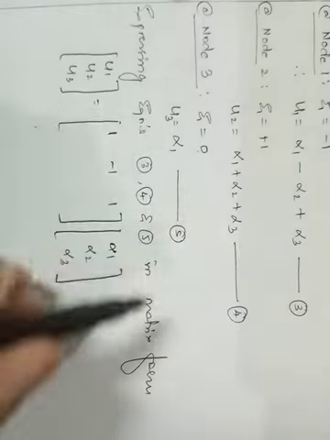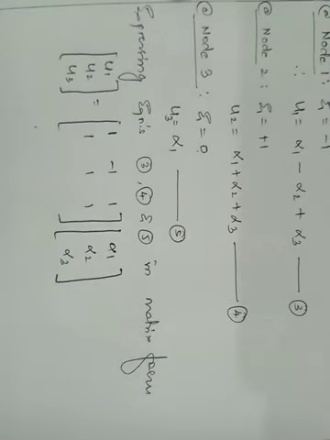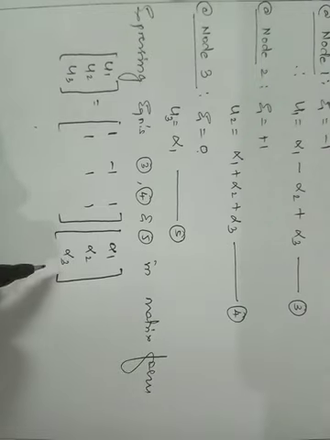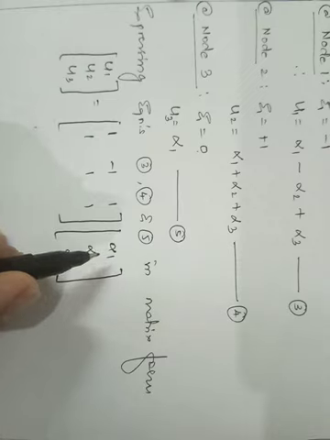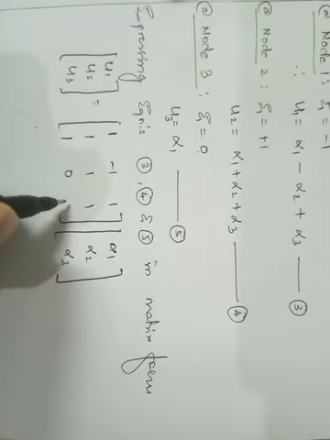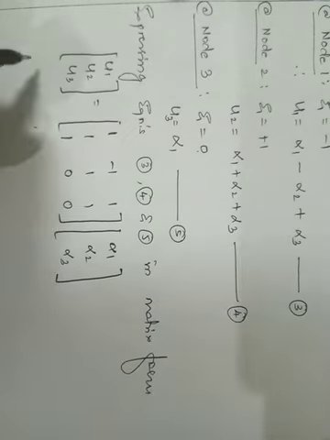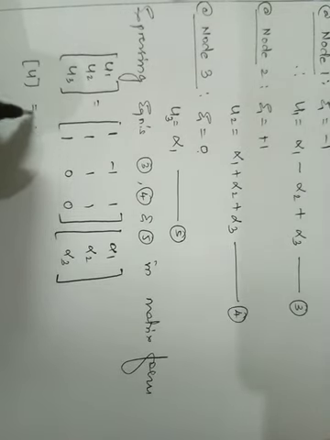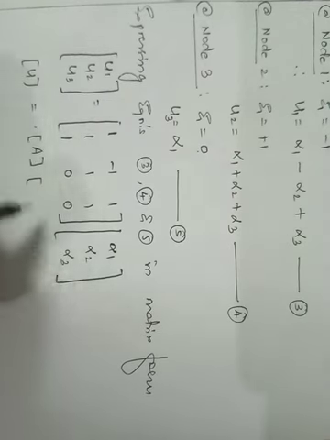Similarly for the second one, all the coefficients are positive, so it becomes 1, 1 and 1. In the third case, there is only one coefficient, that is for alpha 1 we are having 1, alpha 2, alpha 3 are missing, so you take it as 0. Right, now I'll take this as U matrix, I'll take this as A matrix, and I'll take this as alpha matrix.